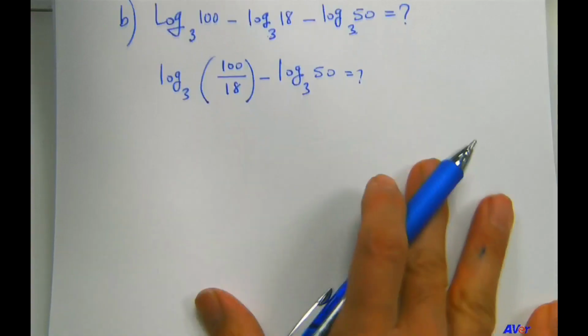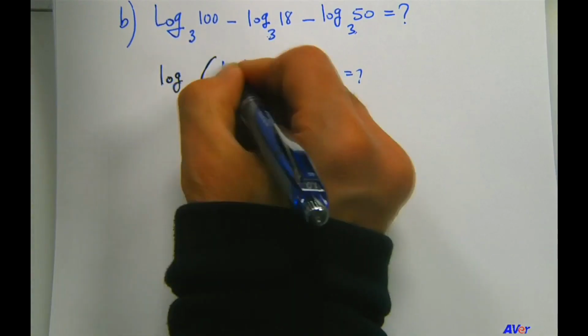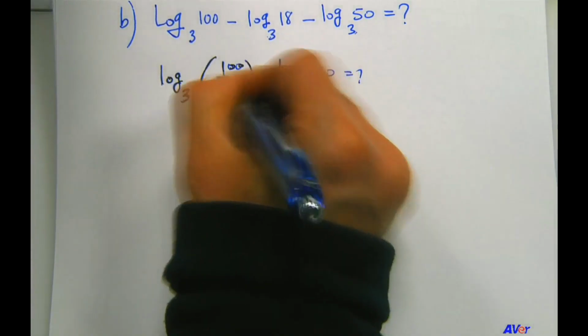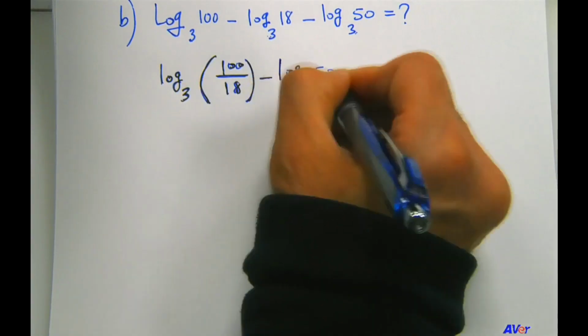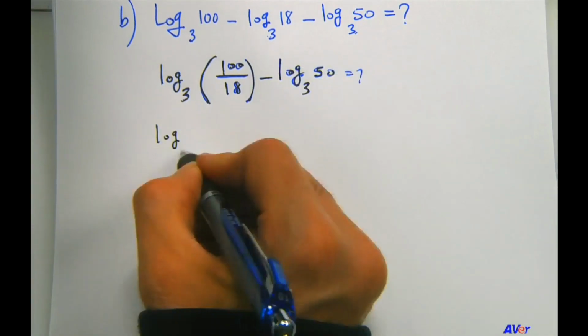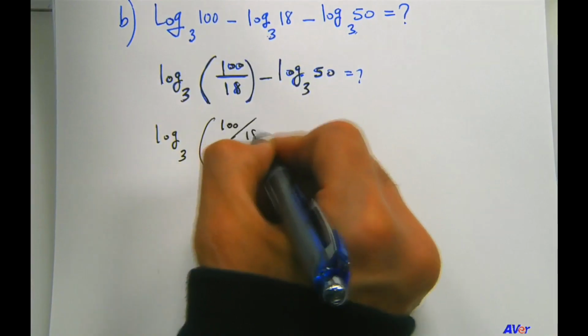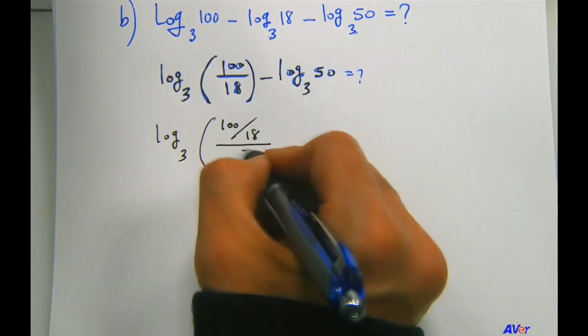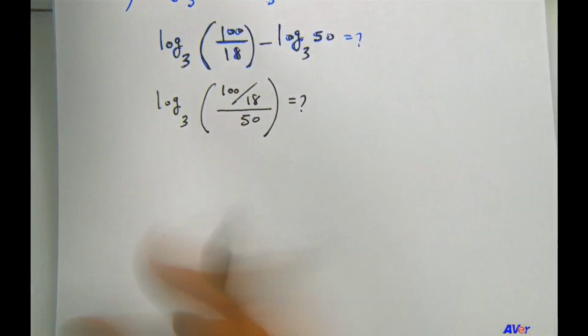I meant to switch to a different color, but I forgot. Sorry about that. So then log to base 3 of 100 divided by 18 divided by 50, and we want to know what that is without a calculator.